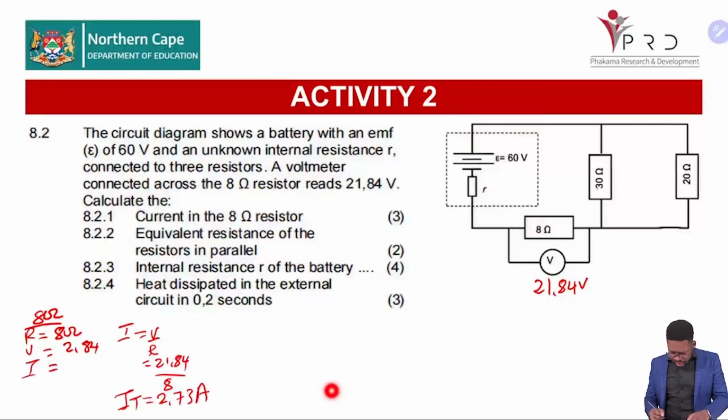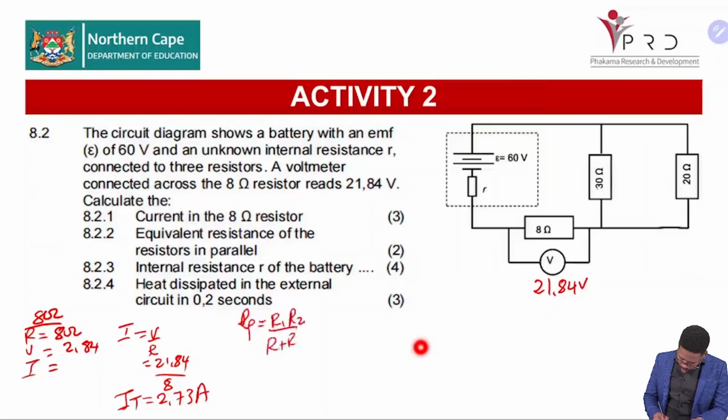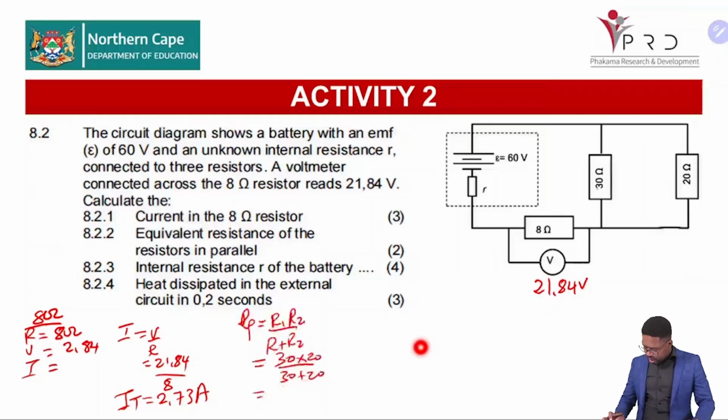We are strategic now. For us to get R external, two resistors are connected in parallel. So Rp is equal to R1 R2 all over R1 plus R2. 30 multiplied by 20 over 30 plus 20.